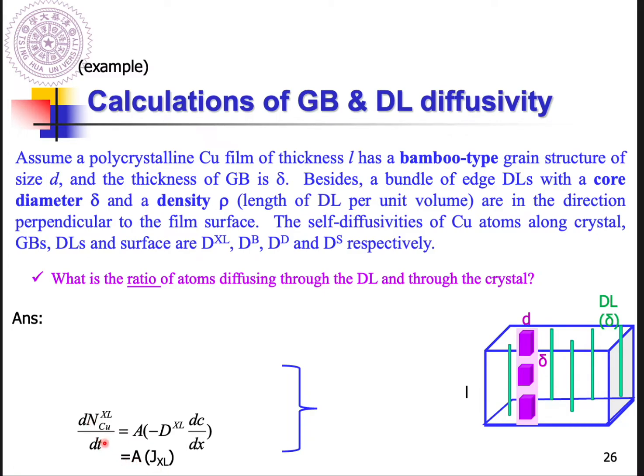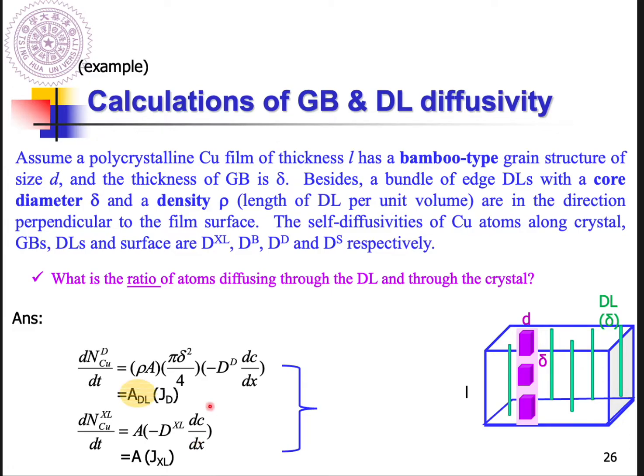I just move the A to here. A is the total area, right? So obeying Fick's first law, we can substitute the flux as minus the diffusivity of the crystal lattice times the concentration gradient, right?